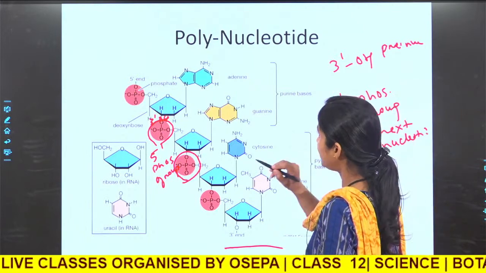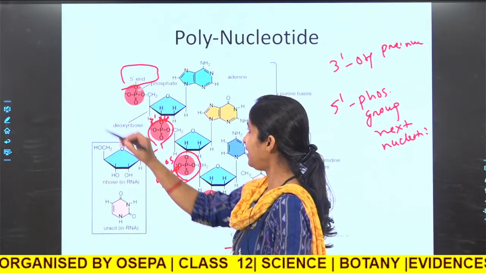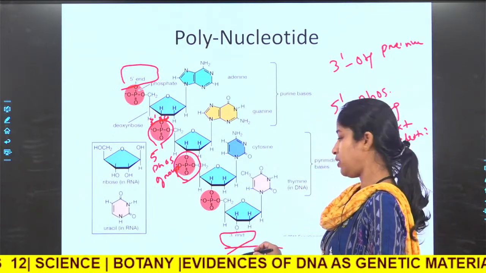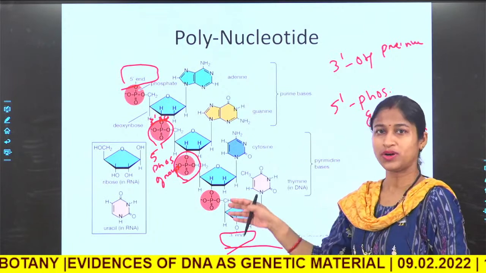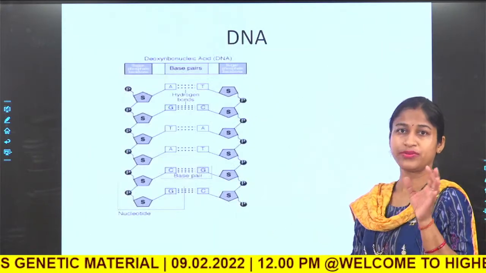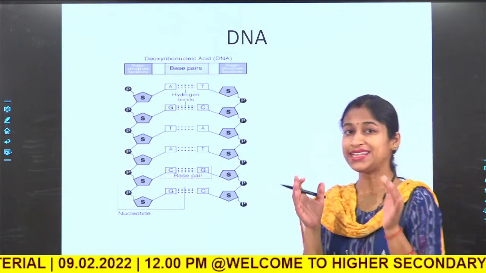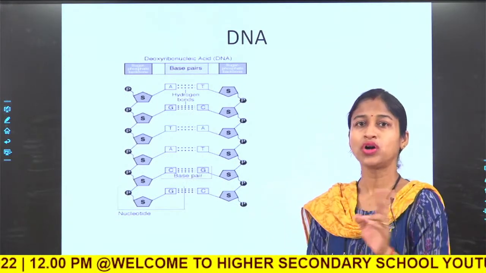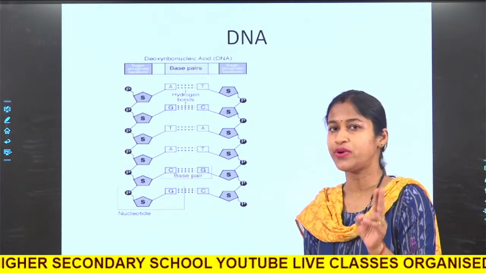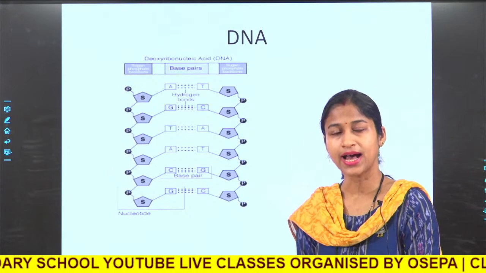There is always a 5 prime end towards one terminus and a 3 prime end towards the last terminus. This is the structure of a polynucleotide, but in case of DNA, there is not a single strand of polynucleotide, rather two strands of polynucleotides are there.